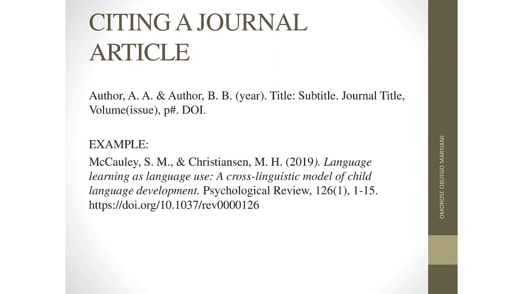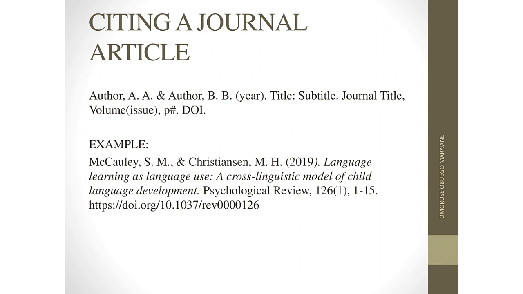Macaulay SM and Christensen MH. Those are the authors' names. 2019, that's the year, as we have seen in the format to follow. The next thing is the title, which is Language Learning as Language Use.